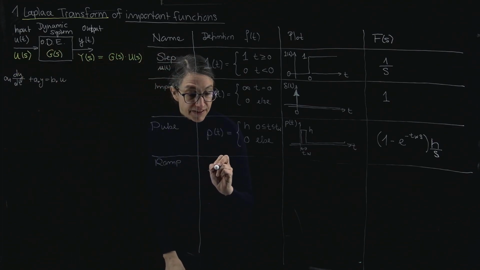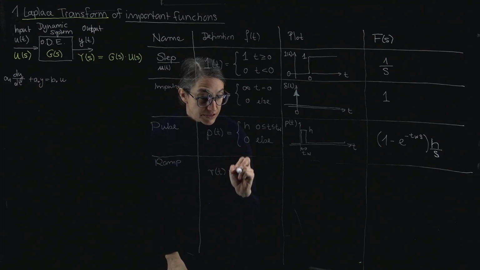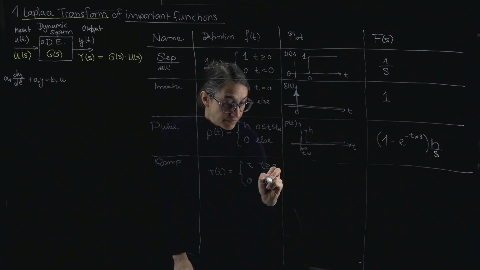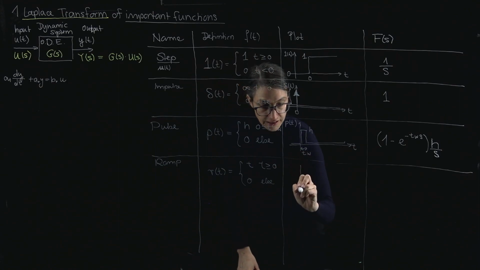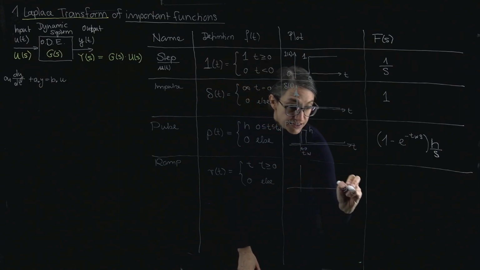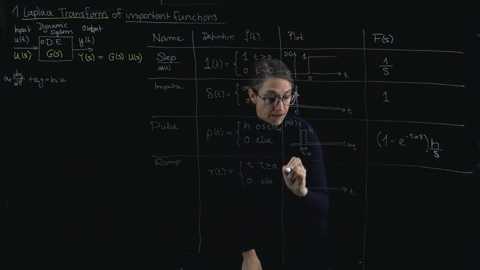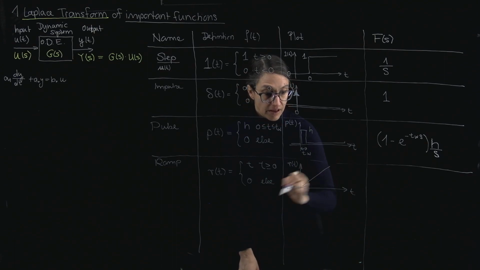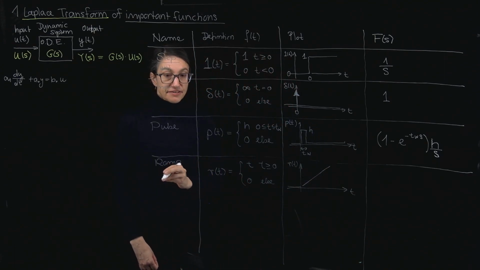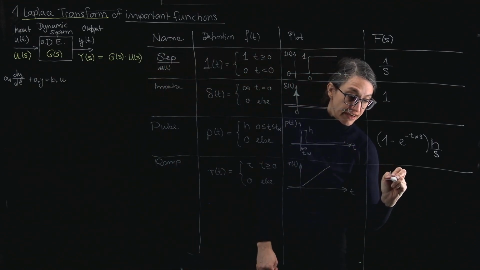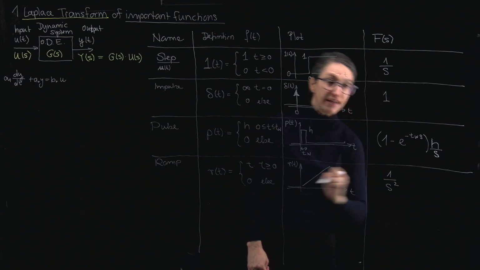It's defined as r of t equals t, if t is greater than 0, and 0 elsewhere. And you can easily imagine what it looks like. It's 0 if t is smaller than 0, and then it goes up as a linear function. And the Laplace transform of this is not terribly complicated either. It's 1 divided by s squared.